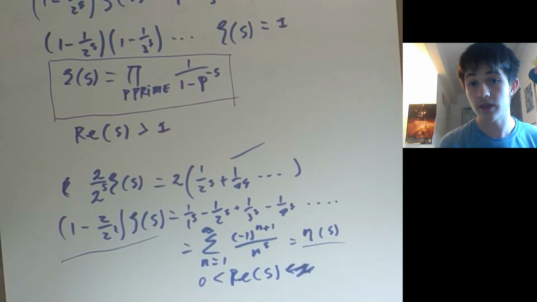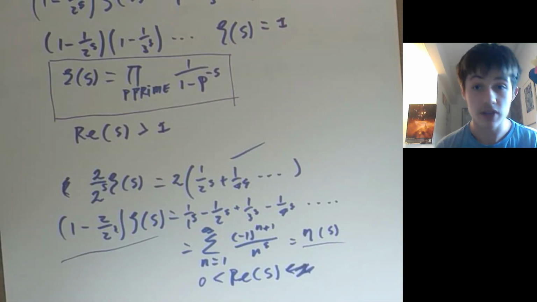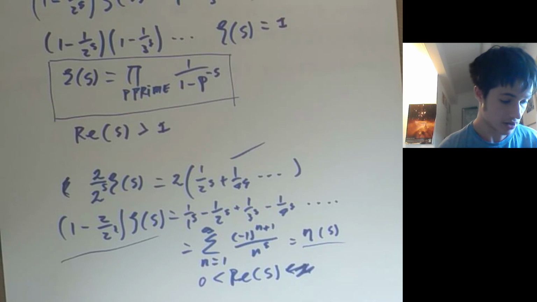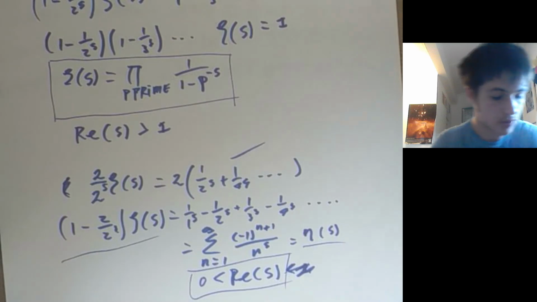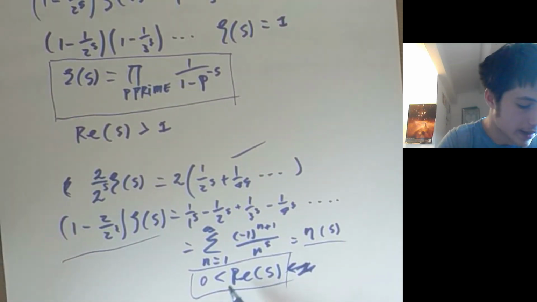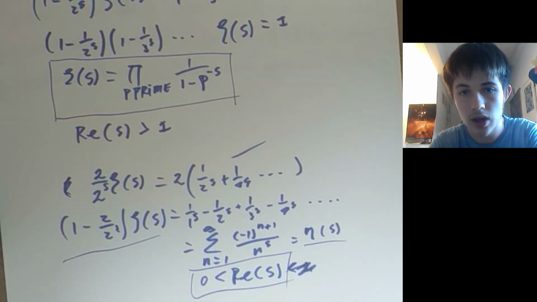But you can check this is analytic, etc. So we've extended this zeta function in this unique way, which we know exists, to make it work for all complex numbers with real part being bigger than 0. So that's quite nice, but we can do better.